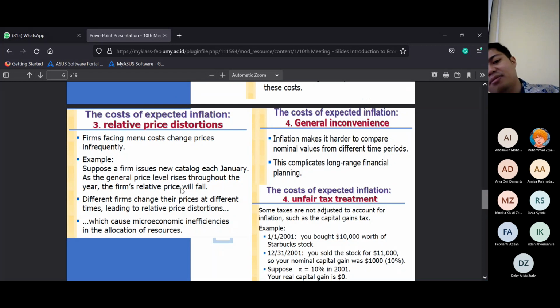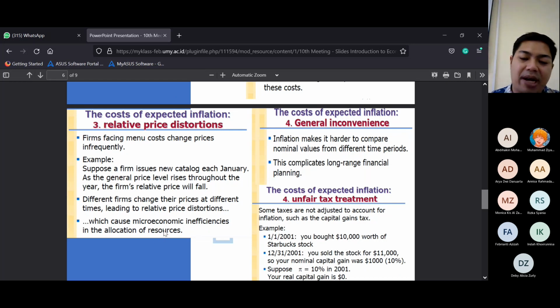Because prices keep increasing, the old price becomes obsolete, and the firm's relative price will fall. Different firms change their prices at different times, leading to relative price distortion. So prices keep fluctuating, which causes macroeconomic inefficiencies in the allocation of resources.